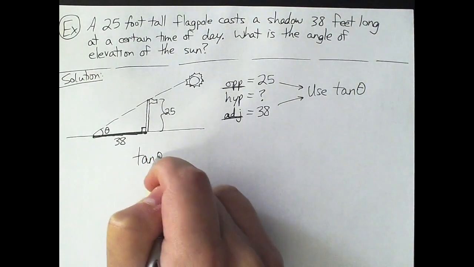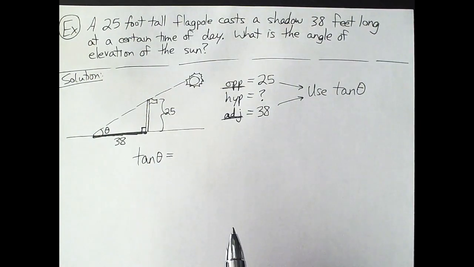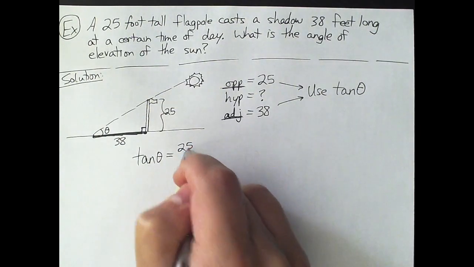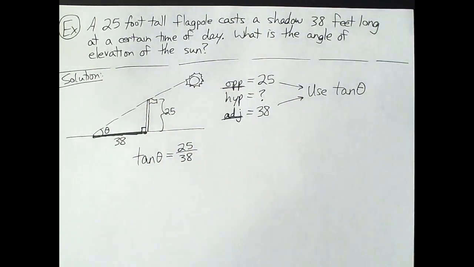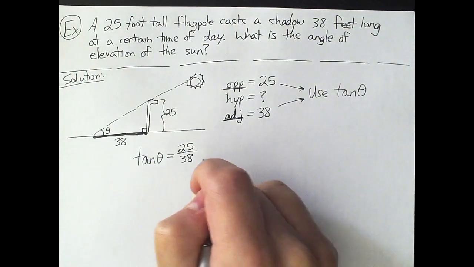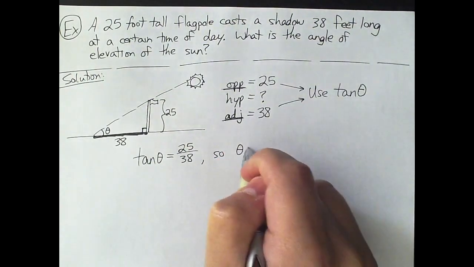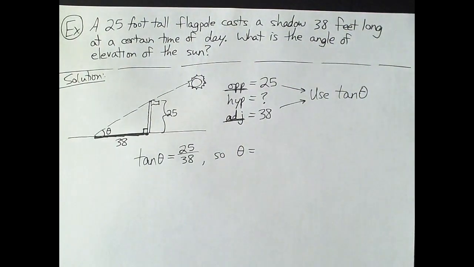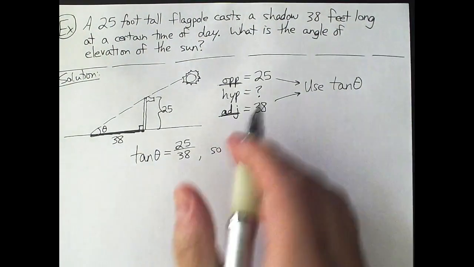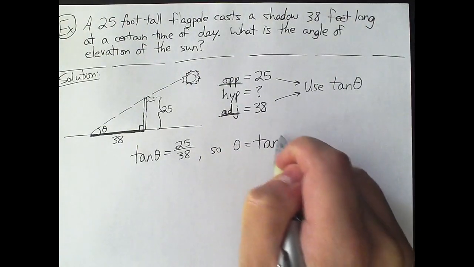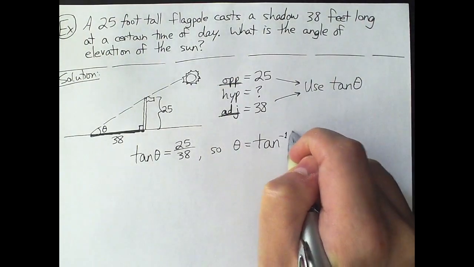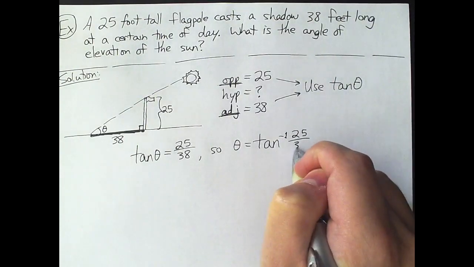Tangent of theta is opposite over adjacent, so it's 25 over 38. So this problem says to find the angle of elevation of the sun, which I've labeled as theta, and it's going to be inverse tangent of 25 over 38.